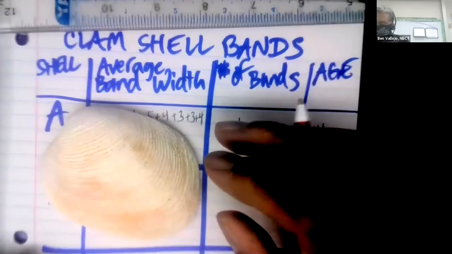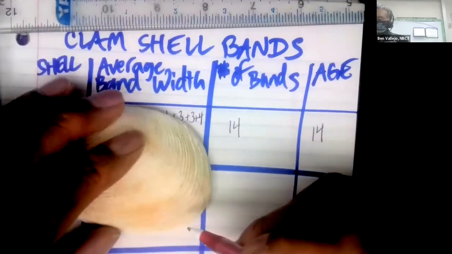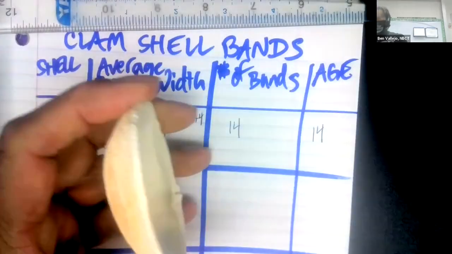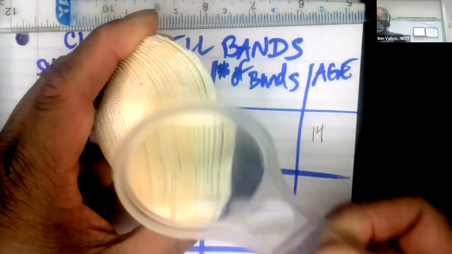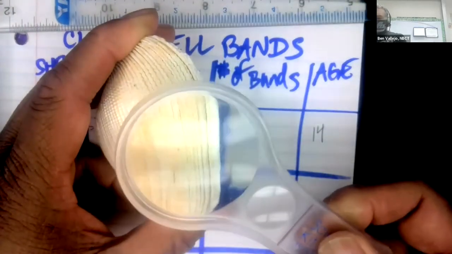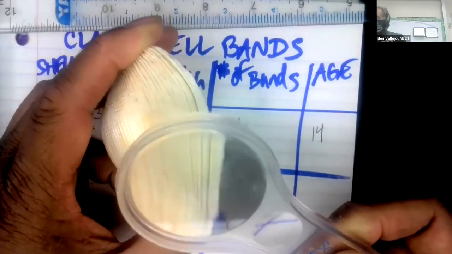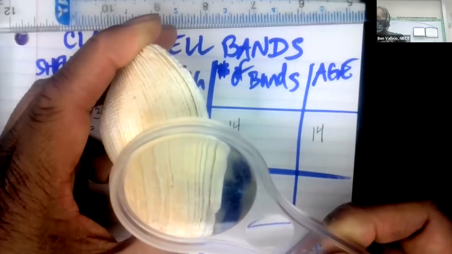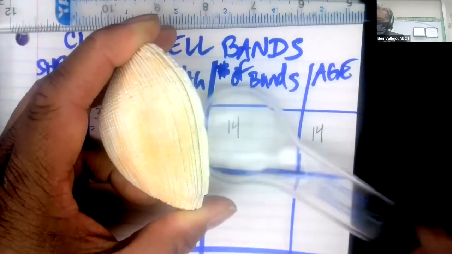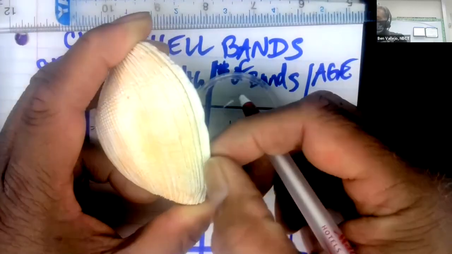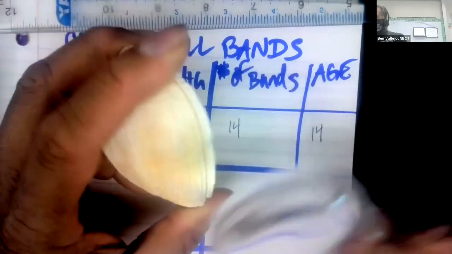And I should have got some glasses because it's hard to see. And you can see there through the magnifying glass. Not that easy, but you can see that this is a band right here from here to here. That's one.